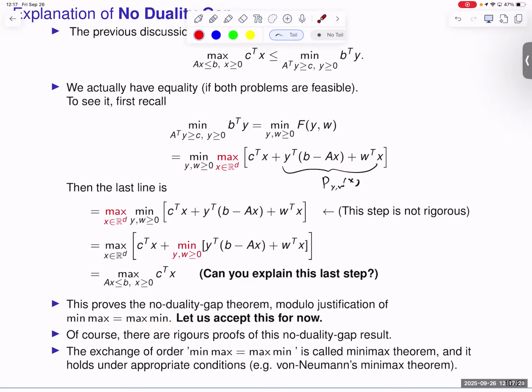Important names are associated to it, for example, von Neumann. In our setting, these finite dimensional linear problems, you can exchange the order of max and min. This is called the min-max theorem.